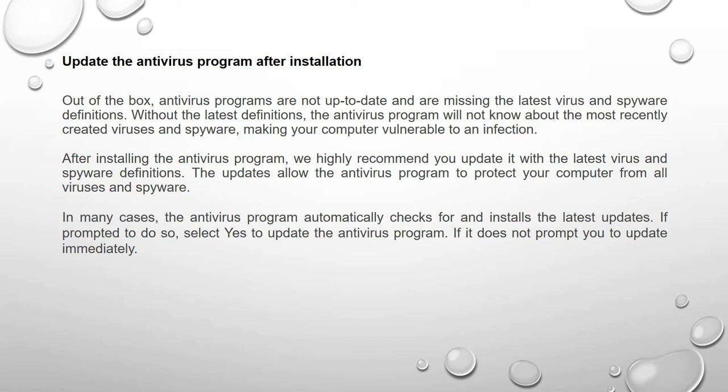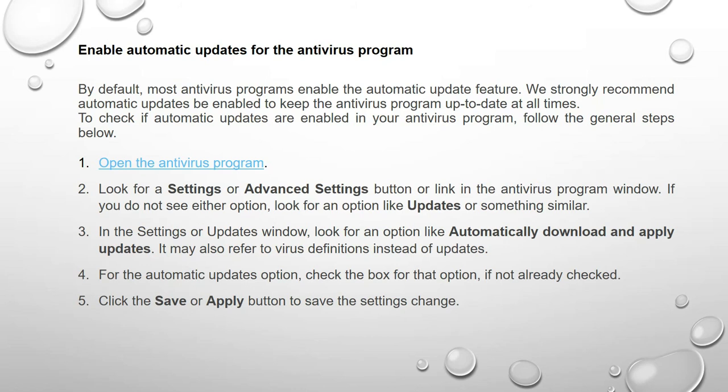If it does not prompt you to update immediately, next is how to enable automatic updates for the antivirus program. By default, most antivirus programs enable the automatic update feature. We strongly recommend automatic updates be enabled to keep the antivirus program up to date at all times.